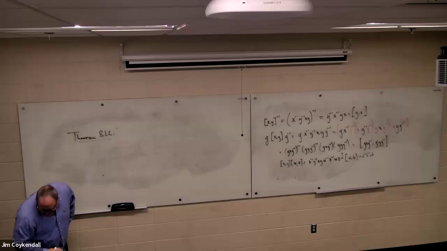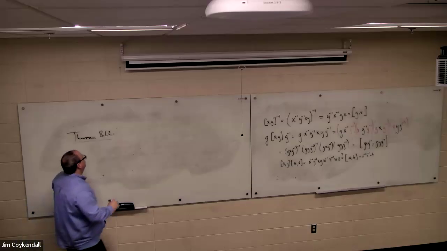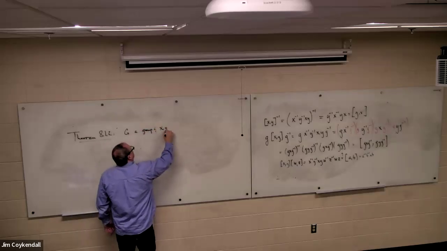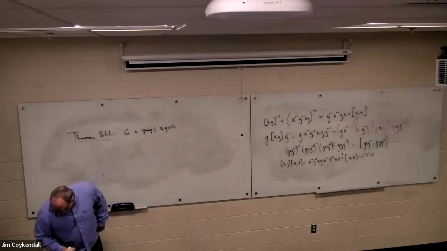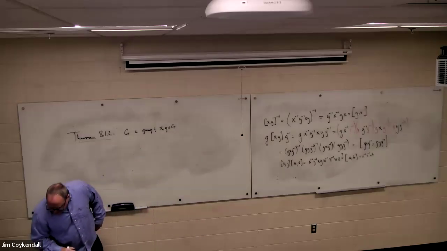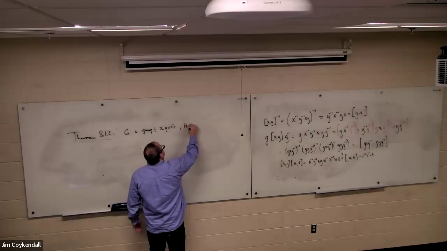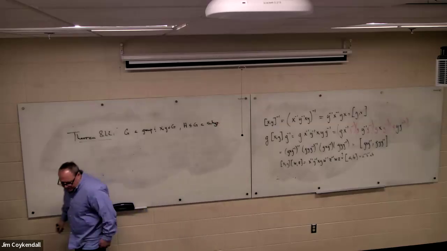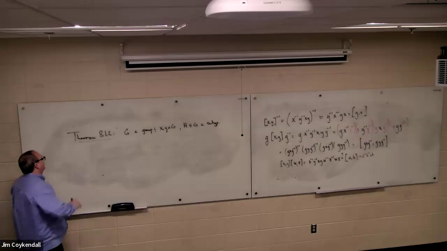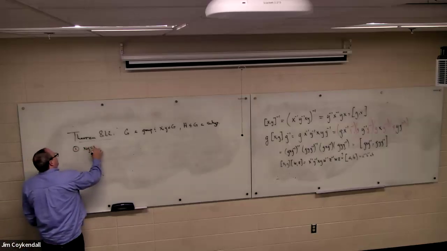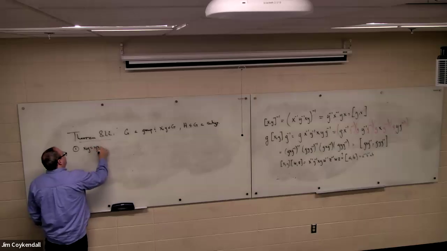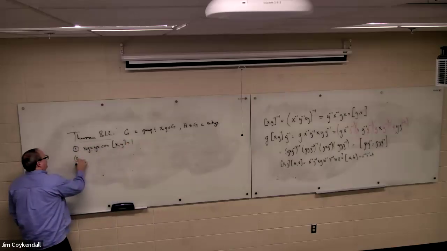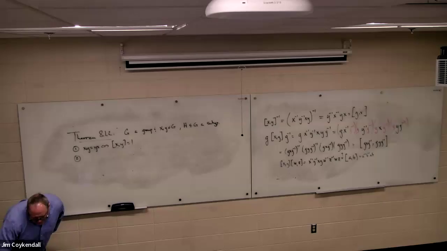Let G be a group and x, y in G, and H is a subgroup of G. Number one, the two elements x and y commute if and only if the commutator [x, y] is 1. You all proved that many moons ago in the homework.